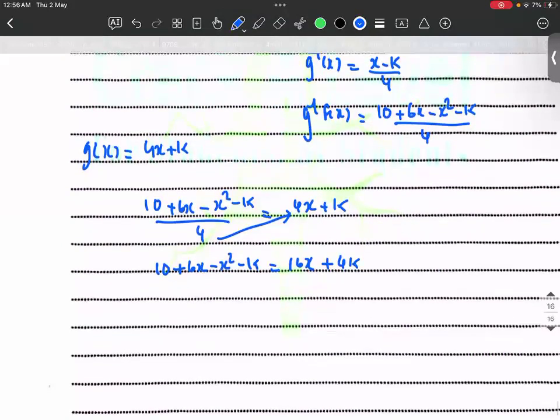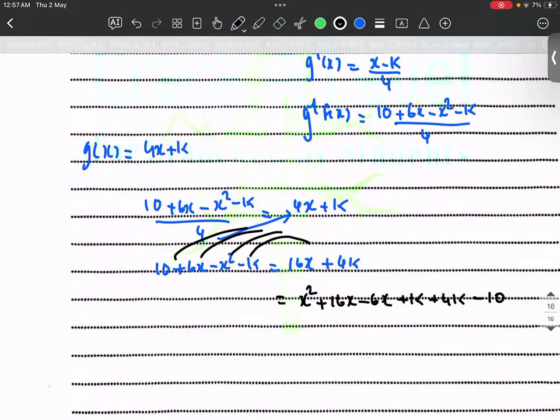Now we take all the terms to one side so that we can develop a quadratic equation. Minus x square becomes positive x square, and 16x is already there; taking the 6x to the side becomes minus 6x. Minus k becomes plus k, and 4k is already there. And this 10 we take here, that becomes minus 10.